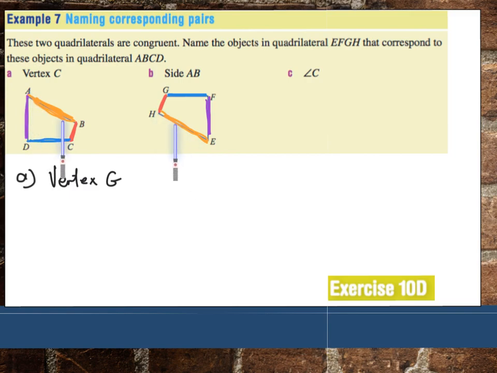So AB is the orange, HE is the orange. So my answer would be side HE.